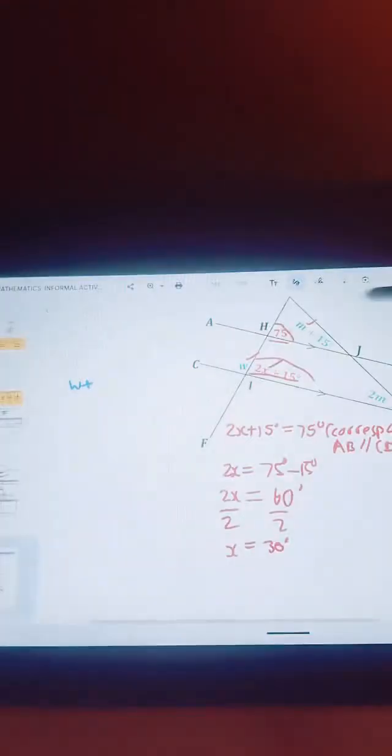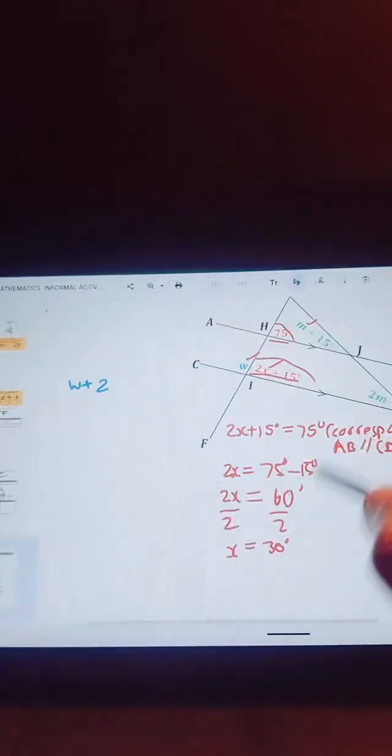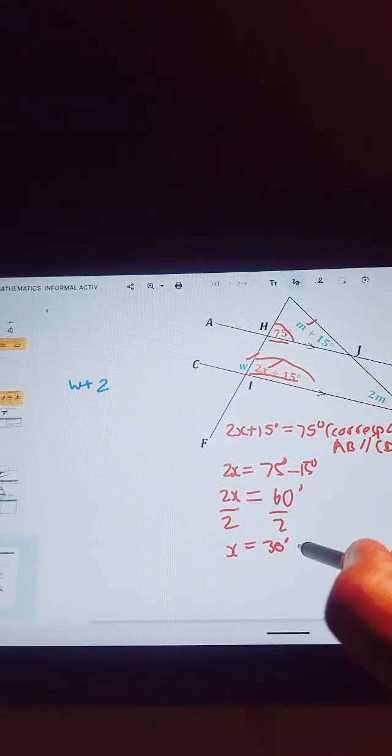We can say W plus 2x plus 15, and in the place of x we can write 30. So W plus 2 into 30 plus 15 is equal to 180.